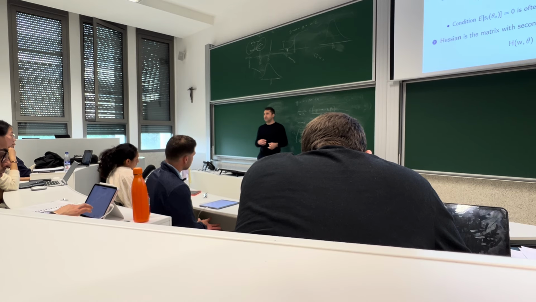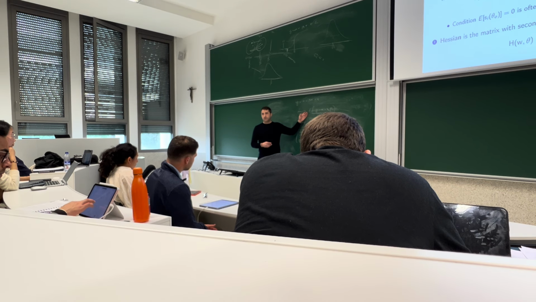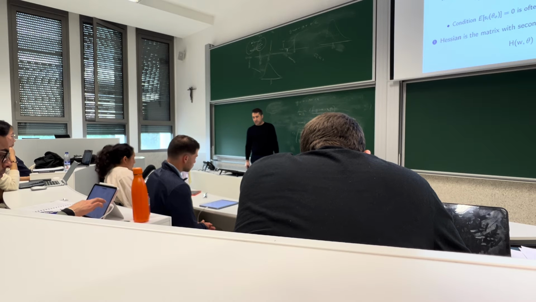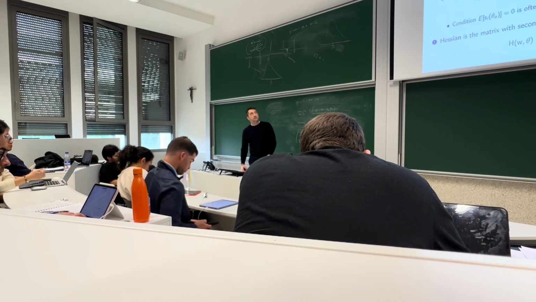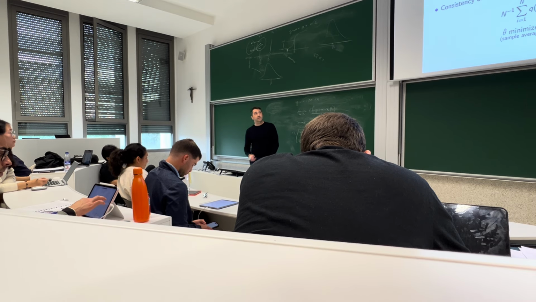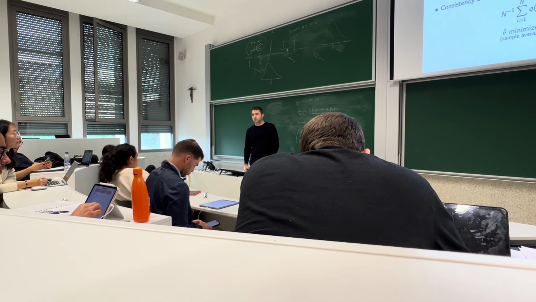So the idea of precision is not just a statistical one, but is one that tells us something about this minimization problem, about the curvature of the objective function. Now, why is this important? Because if my problem is this one, and there are many of these problems, then all I need to know in order to compute the estimates and the precision is how to compute first and second derivatives.